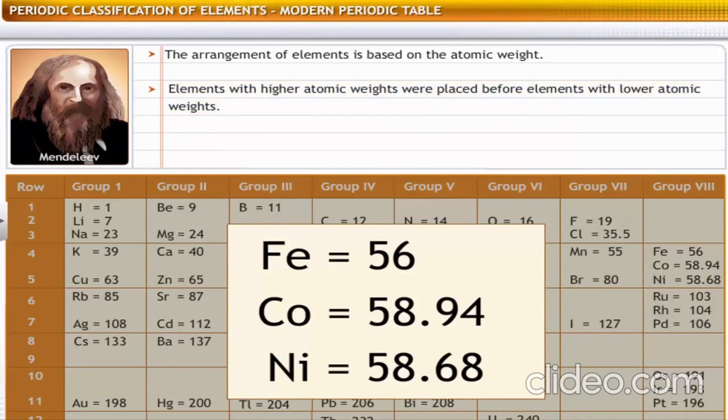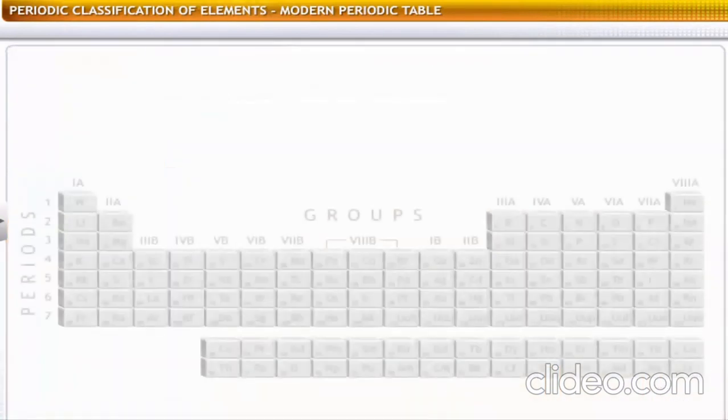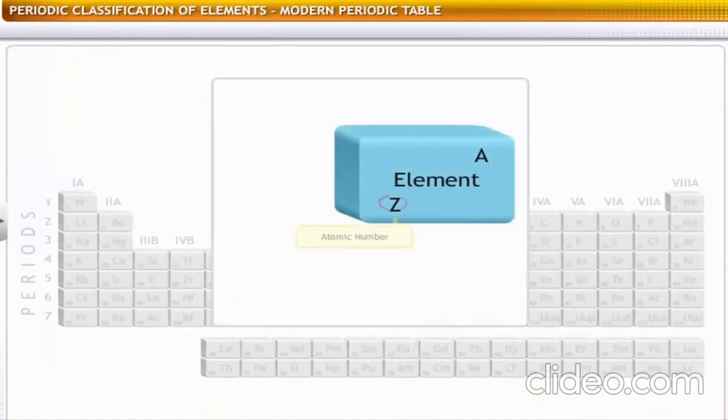For example, the atomic weight of cobalt is 58.94 and that of nickel is 58.68. However, Mendeleev's periodic table places cobalt before nickel. Such anomalies were resolved when the modern periodic law designated atomic number as the criterion for classification.